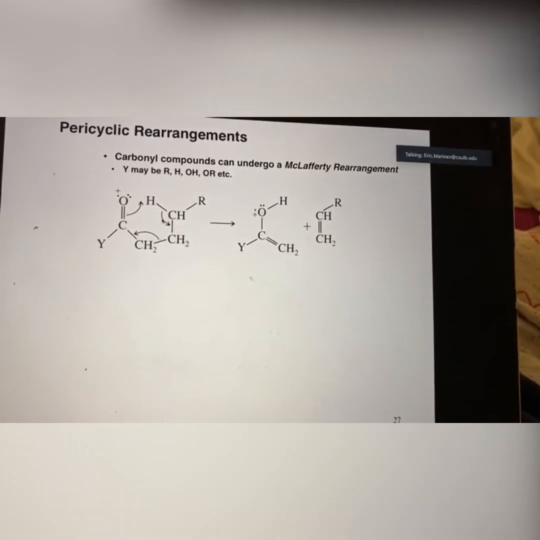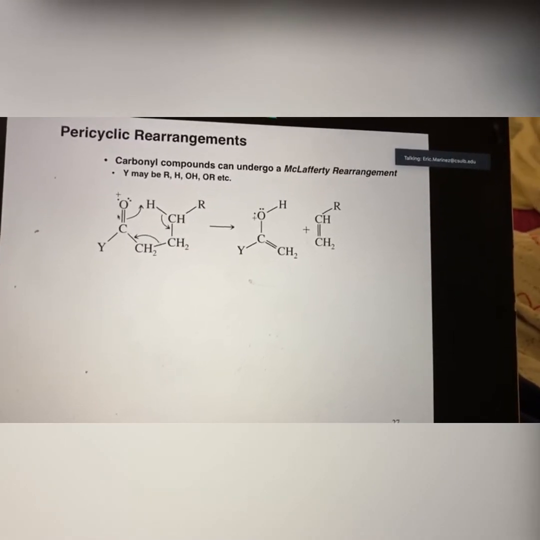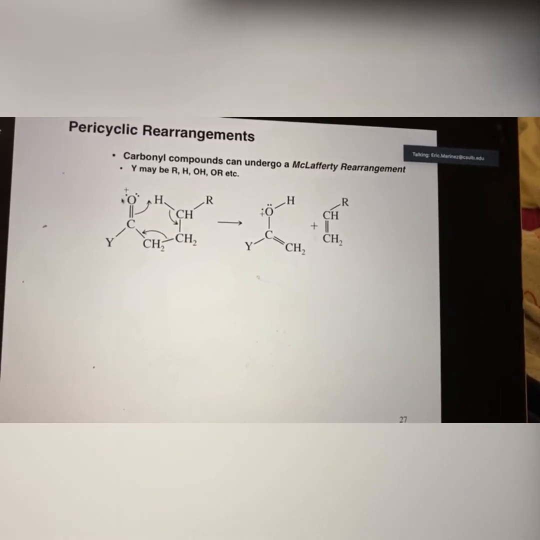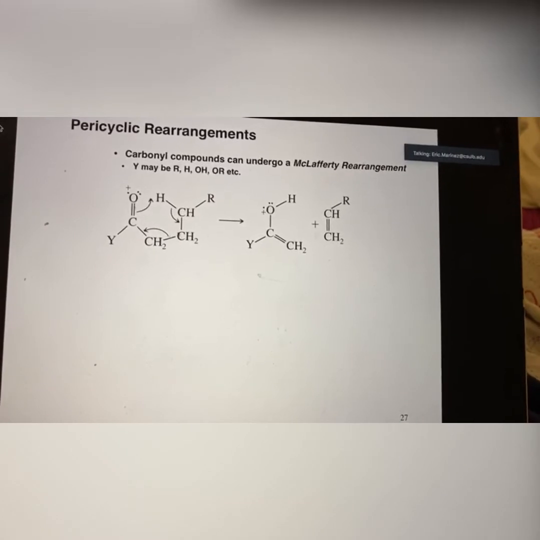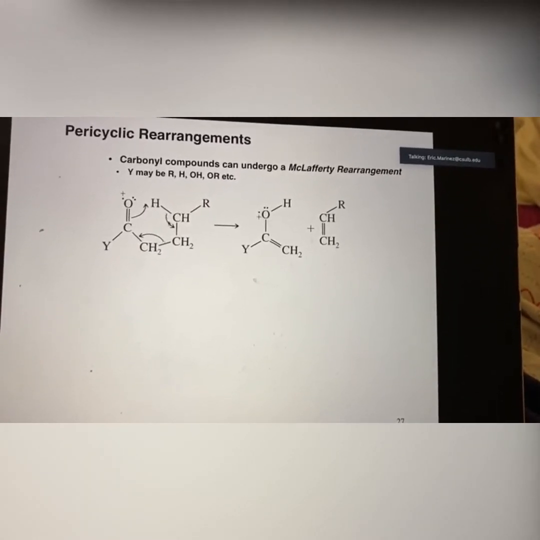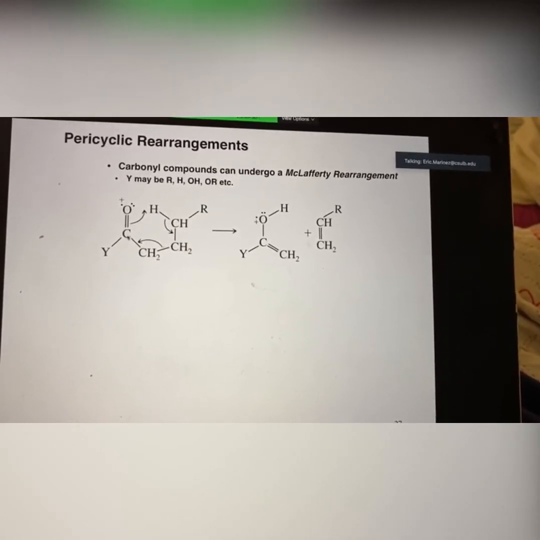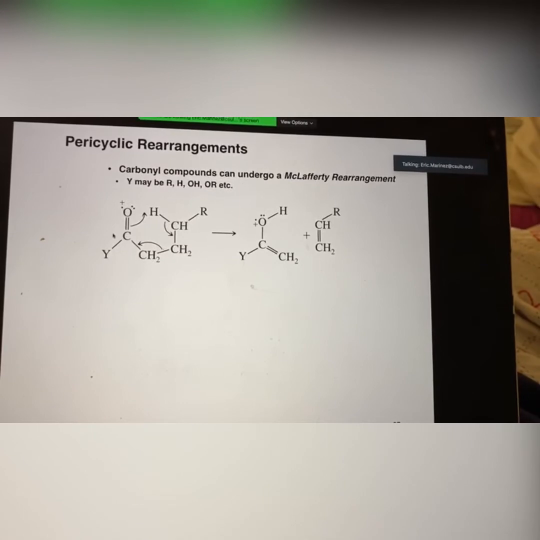If this was a nitrile here, all I would have is a nitrogen with a radical. Nitriles can also do McLafferty, but you still have the same requirement: you must have a hydrogen on the gamma carbon to the nitrogen carbon.